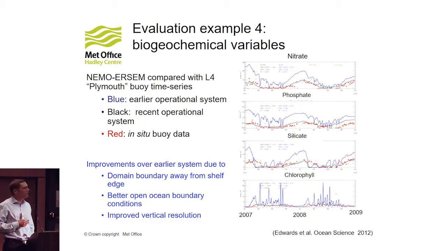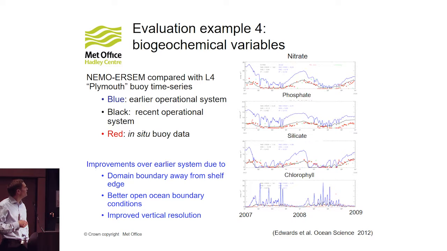And you can see that although in general we would probably say that biogeochemical modelling is a less mature field than the physical modelling, we are now starting to do quite a good job. The red in situ buoy data and the black line match up pretty well for most of these variables that we were looking at.